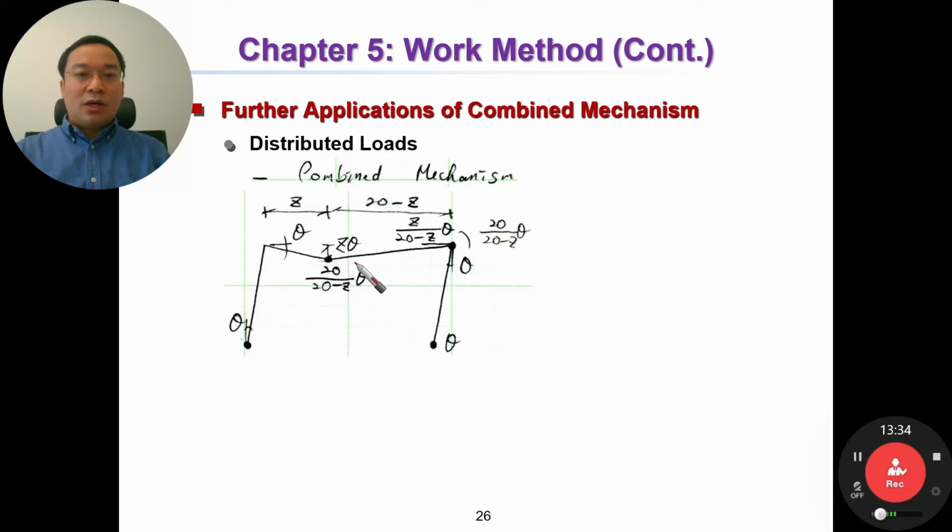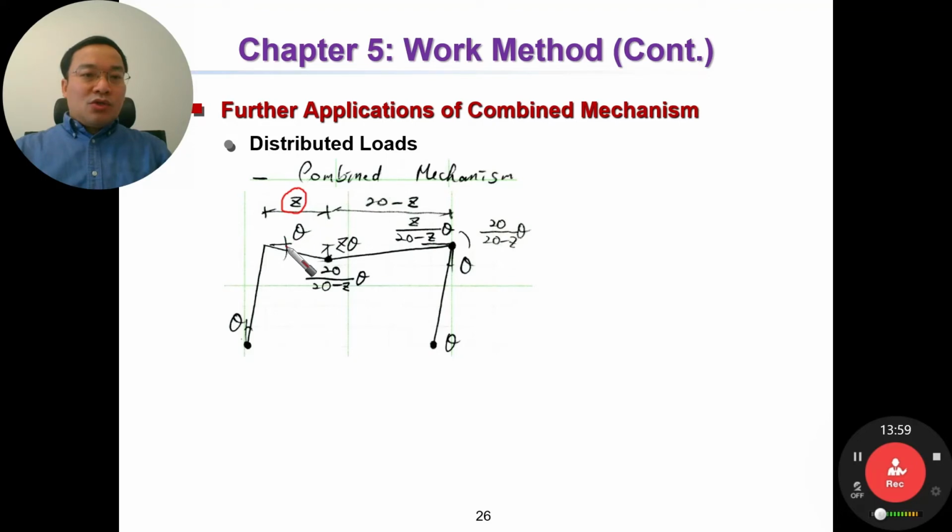Maybe in the middle or somewhere else, so we just assume the location of the plastic hinge is here. The distance from here to here is z. Then the remaining length is 20 minus z. Okay, so we assume.